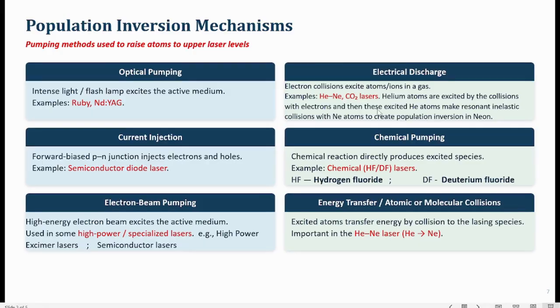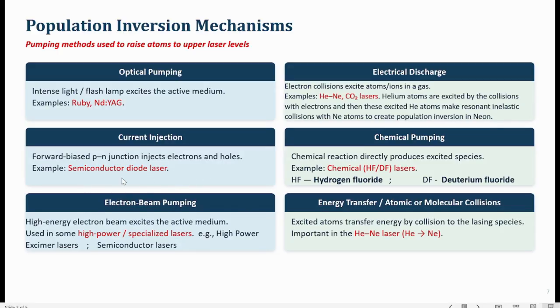So helium atoms have the role of exciting the neon atoms only, whereas the laser emission will take place between the levels of neon in case of helium neon gas laser. So electrical discharge is the pumping mechanism in case of gas lasers to produce population inversion.